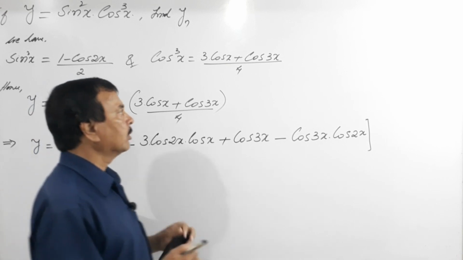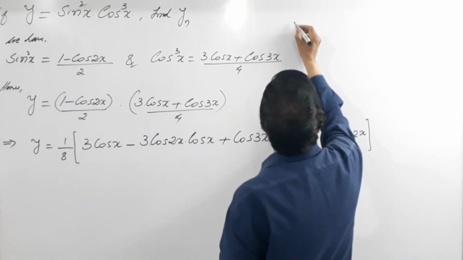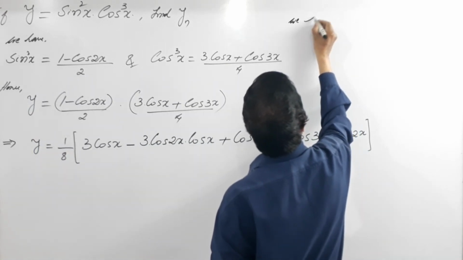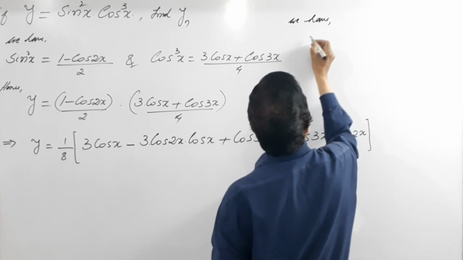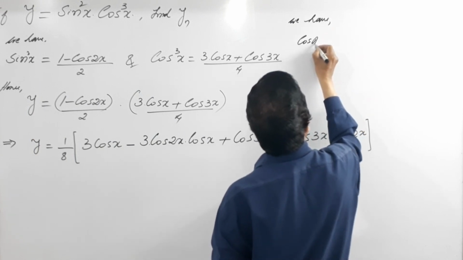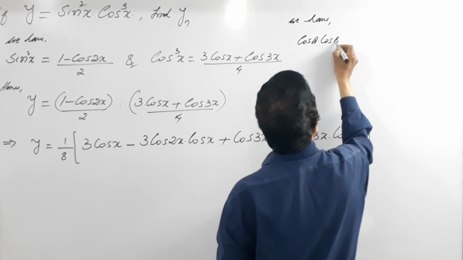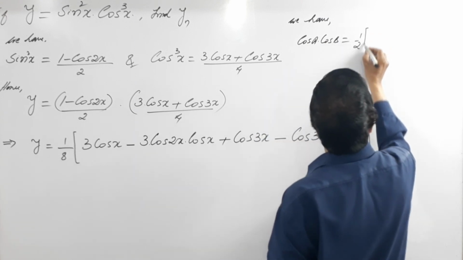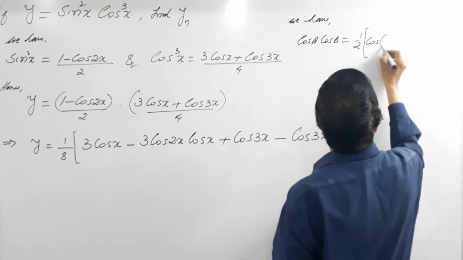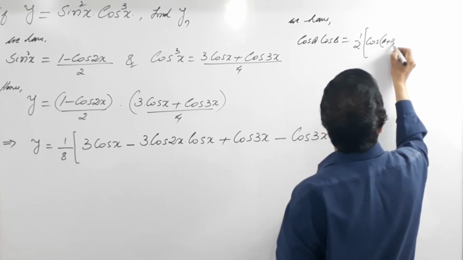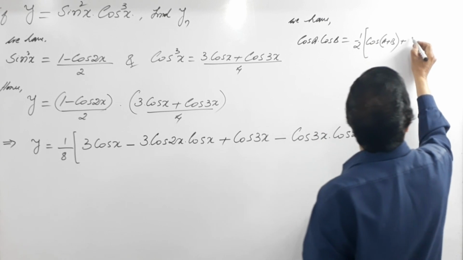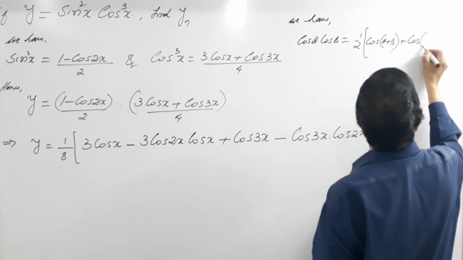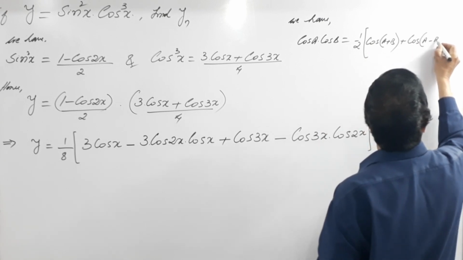You know what it is? Cos A into cos B equals half into cos of A plus B plus cos of A minus B.